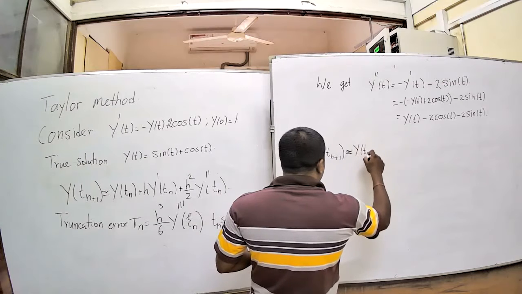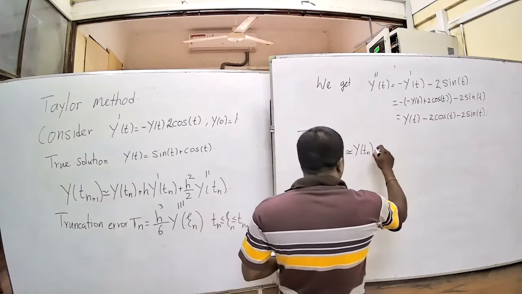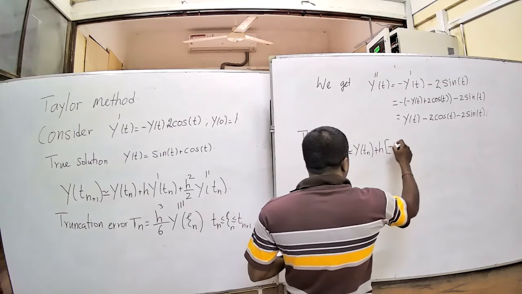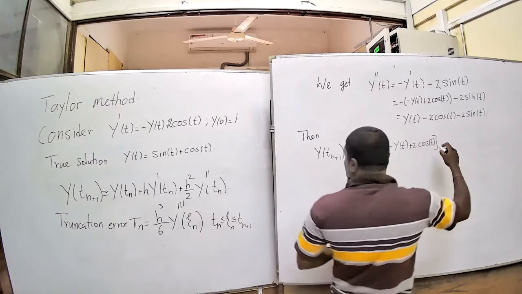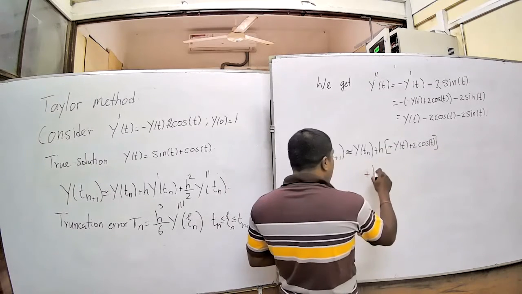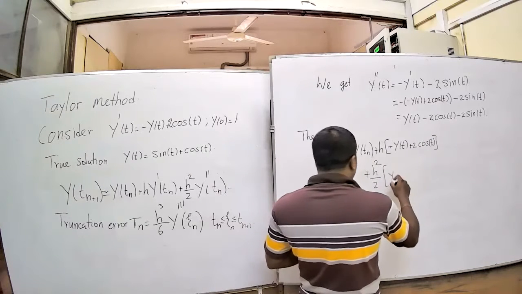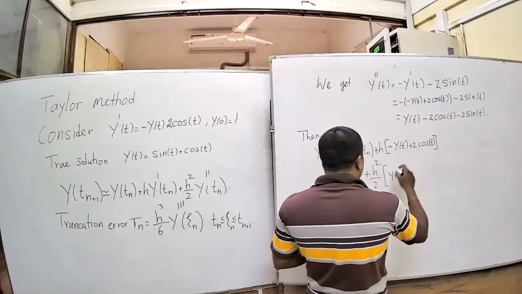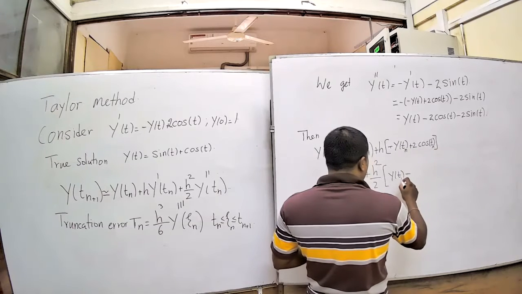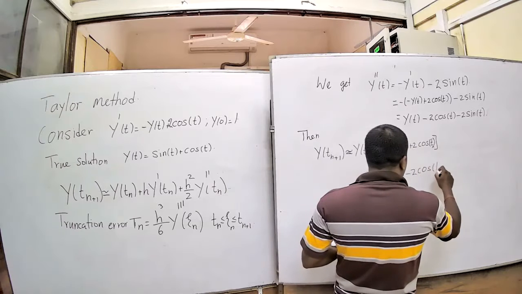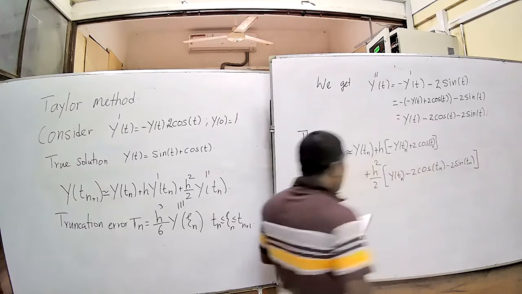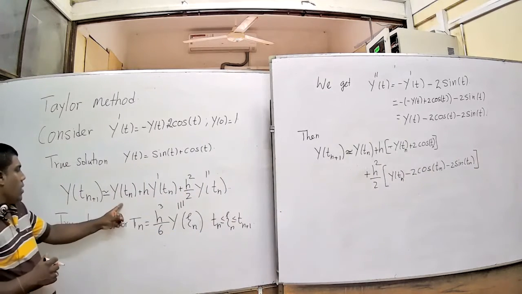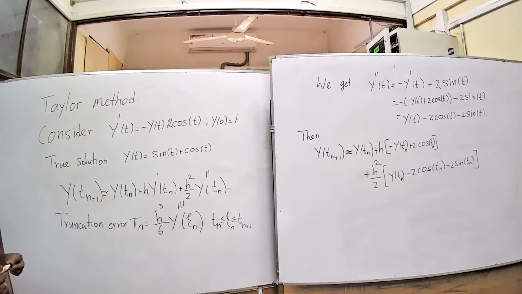Y at tn plus 1 is approximately equal to y at tn plus h times y prime, plus h squared over 2 times y double prime.